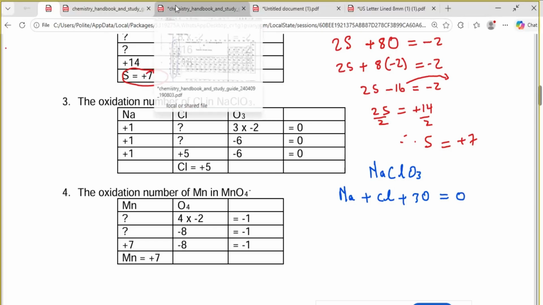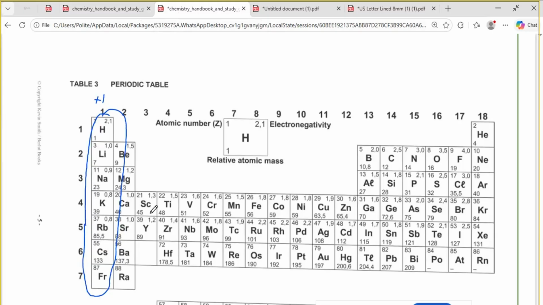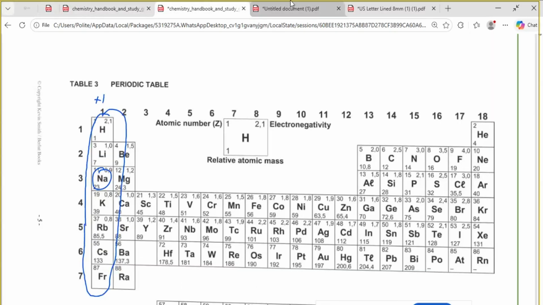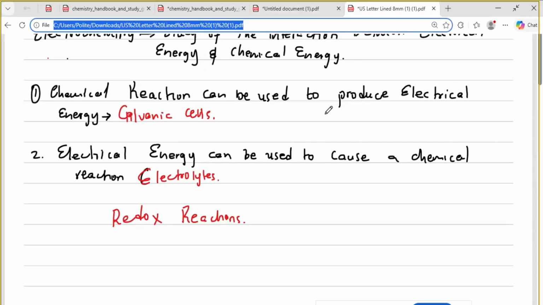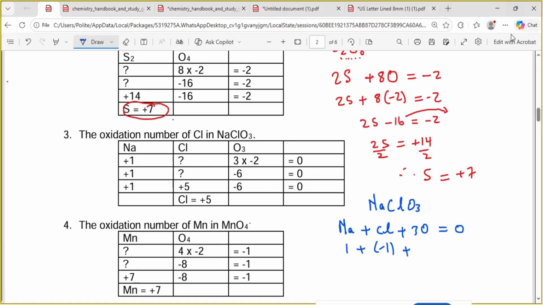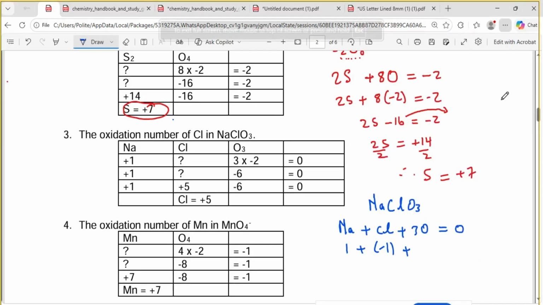Now sodium is in group 1. They said that all group 1 elements have plus 1, so I'm just going to substitute that as 1. Then plus chlorine. Oh, what are we looking for? We're looking for chlorine, sir. Okay, so we can't substitute chlorine.